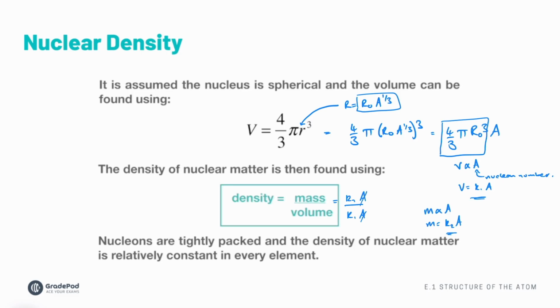These A's cancel, and what we're left with is a constant number. So the density of a nucleus is a constant number, and that's why we can say that the density of nuclei is constant no matter what the number of nucleons inside that nucleus.